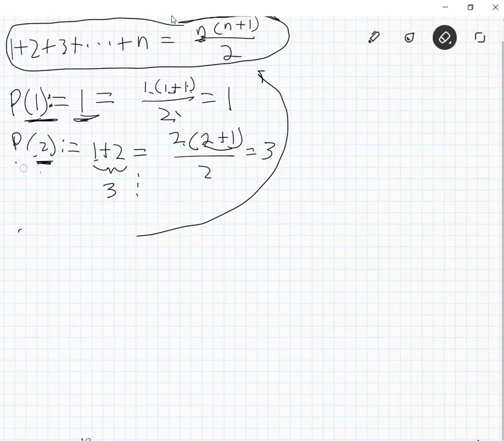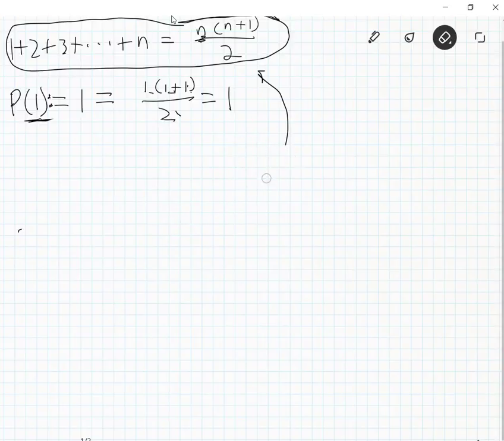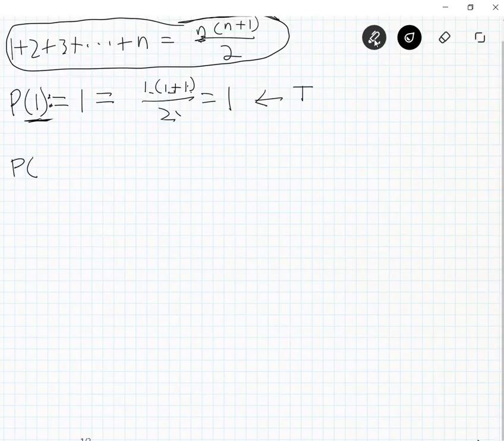What we need, we don't even need P of 2. We need P of 1. We need to know if that's true, and it is, right here. And then we need to check the relationship between successive statements.